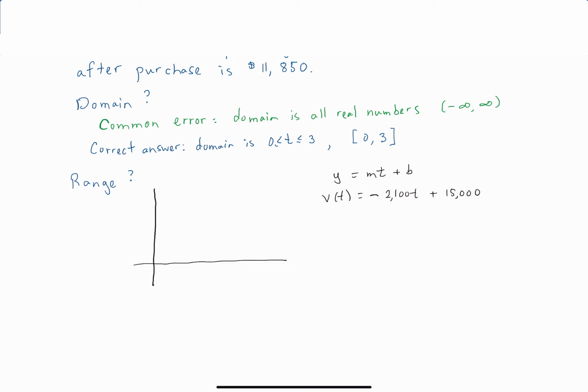So anyway, I see that the y-intercept is $15,000. So it would start here. And then it's got a negative slope. Negative slope means it's going downhill. I'd be a little more precise about the slope if I was producing the graph, but I'm just trying to get an idea of what's going on here. So I'm just going to draw a line through that y-intercept going downhill.